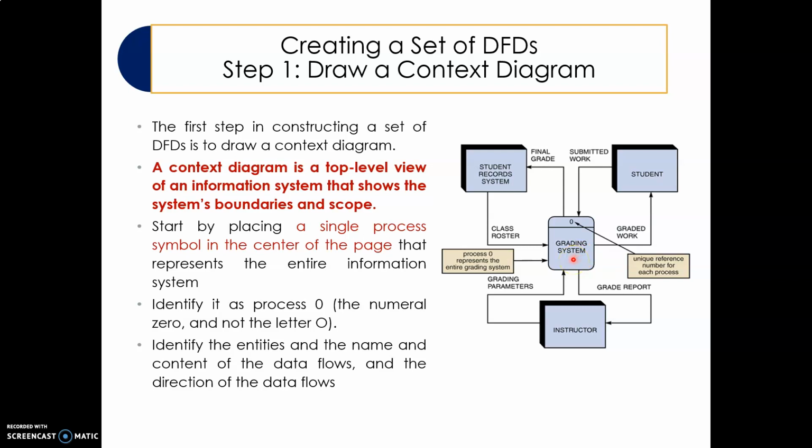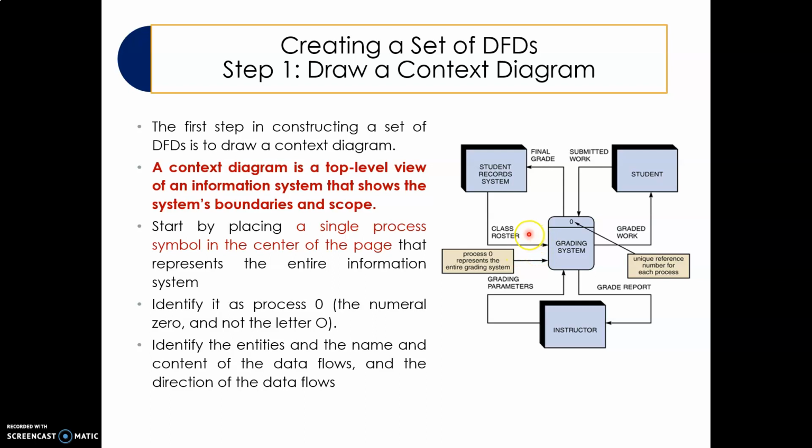And then you need to identify it as process 0, meaning the numeral 0, not the letter O. And then you need to identify the entities, the name and content of the data flow, and also the direction of the data flow.